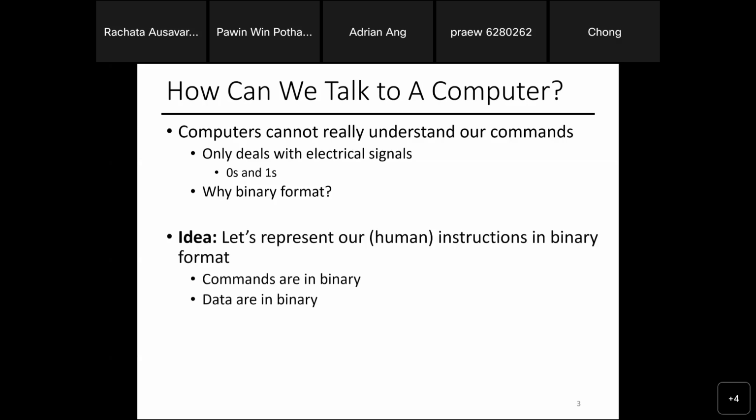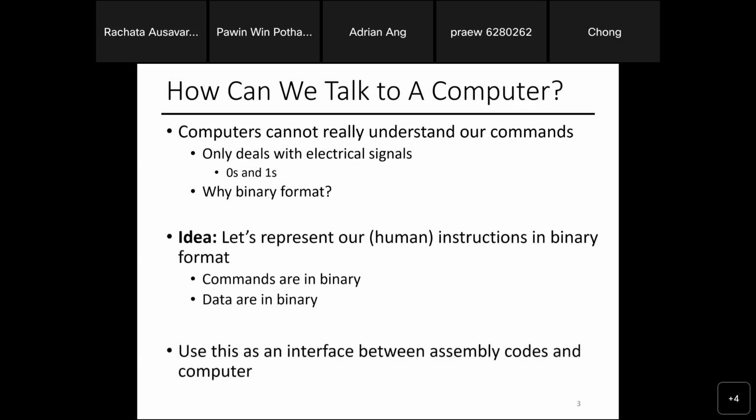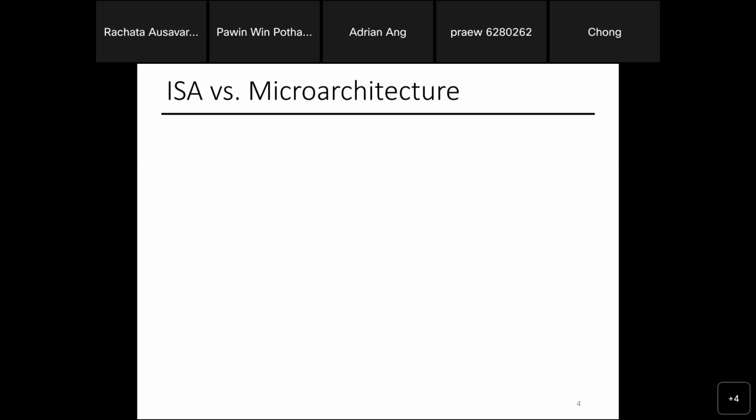So it means that we can represent human language, human instruction, in binary format, right? The binary format will encode basically your command and the data involved with your command. And this becomes the interface between your assembly code and your computer.